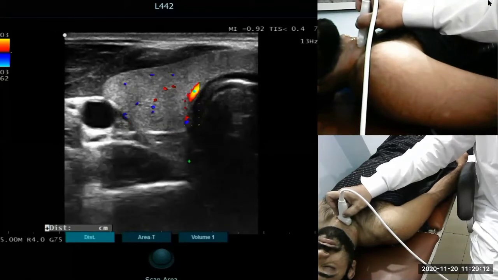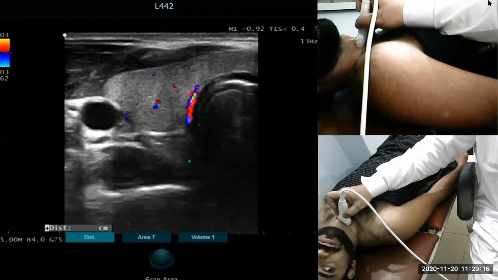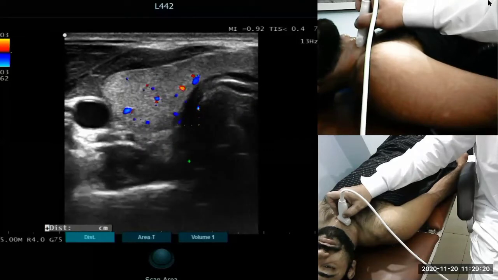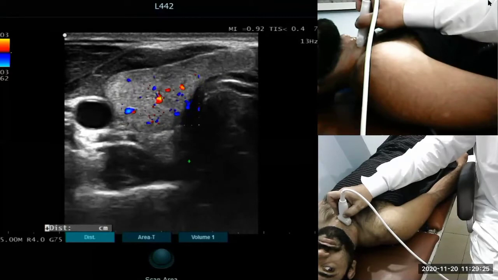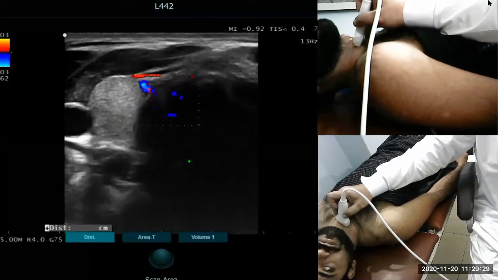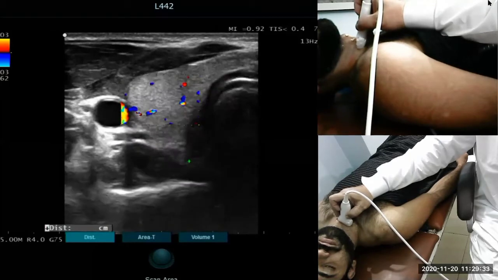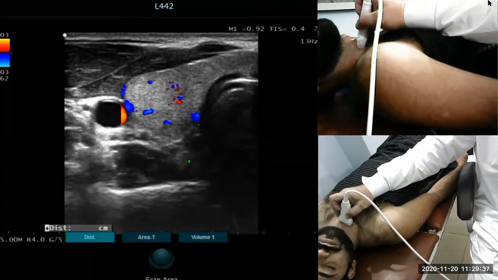But thyroiditis will end up in hypothyroidism, and the thyrotoxicosis will be producing more amount of thyroxine. So there you are. Normal vascularity.